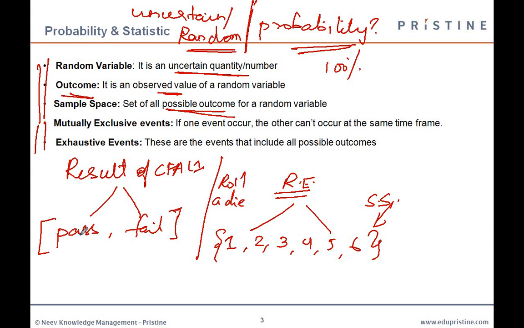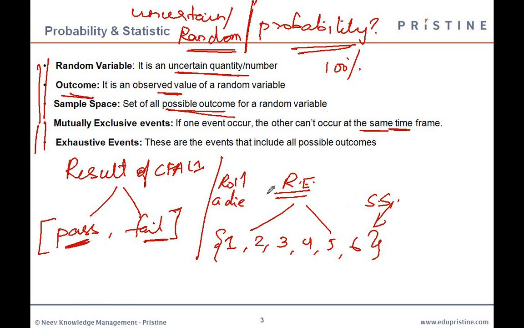One outcome is passing the exam. If I pass, I'm guaranteed not to fail. In other words, if I get an outcome of pass, the outcome of fail is automatically guaranteed not to occur at the same time. So passing and failing are mutually exclusive events. That is, they both can't occur together at the same point of time.